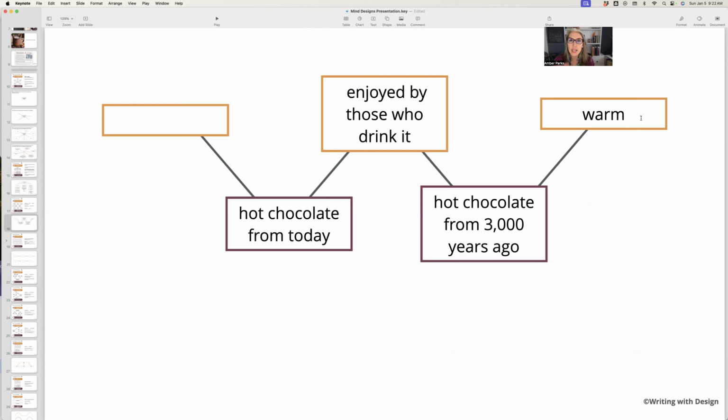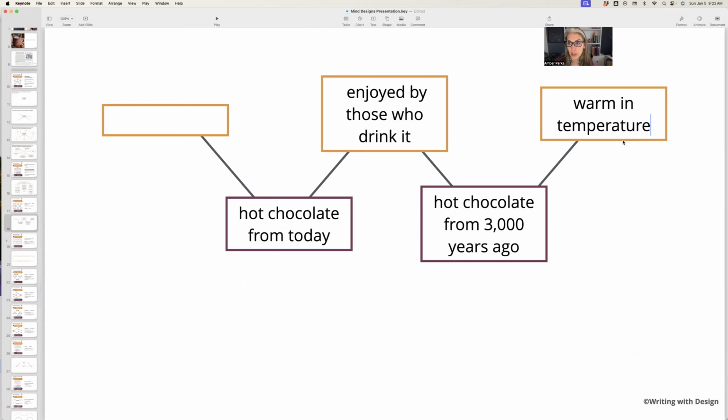It's warm, right? All of our brains do that. We just think in simple, single words a lot of the time, and that's really okay. I want to challenge you to not put that down on this design, or on any of the designs, as single words, because when you challenge yourself to come up with a phrase, then you've got so much more to go with when you turn it into writing, or when you take it off and talk it through with a discussion group.